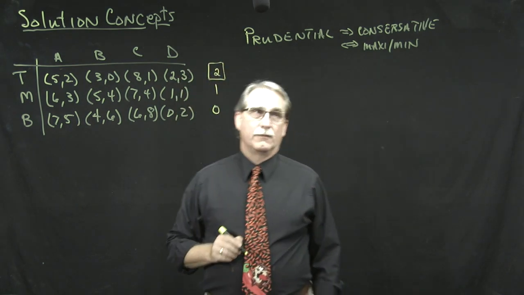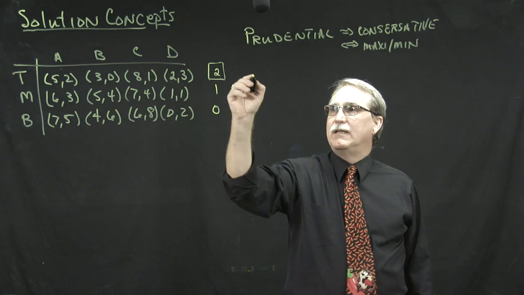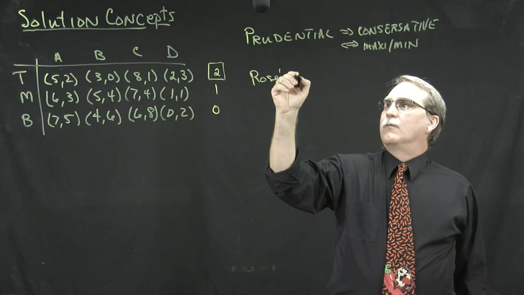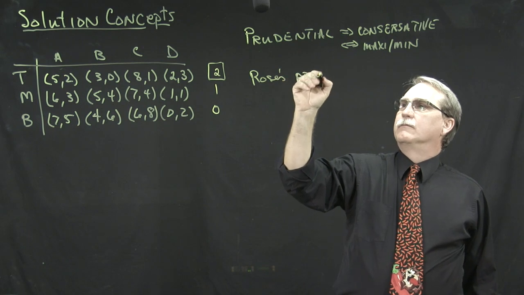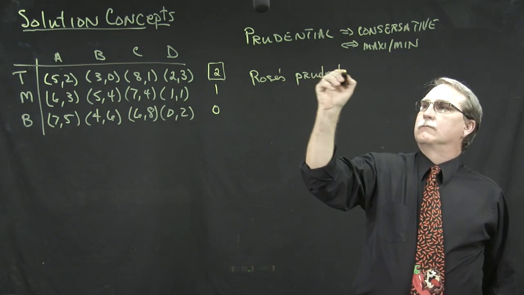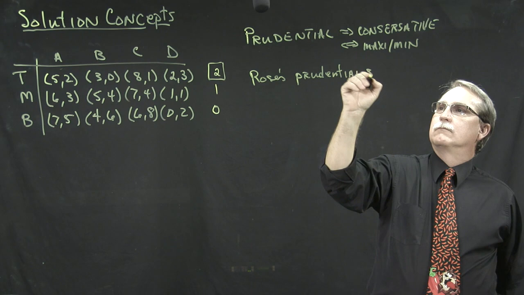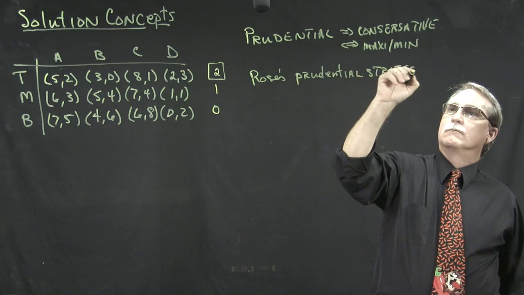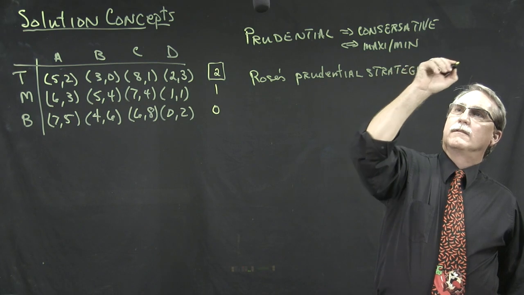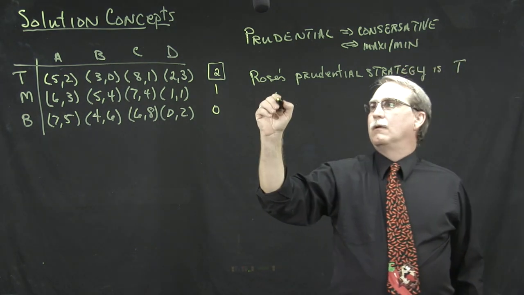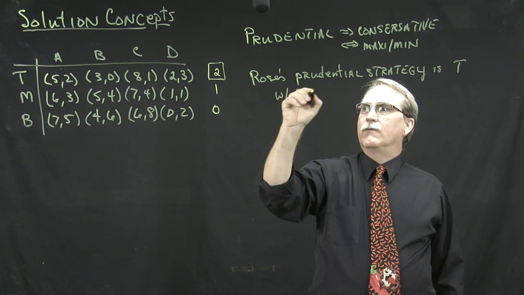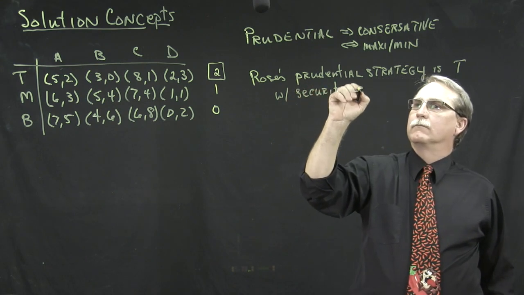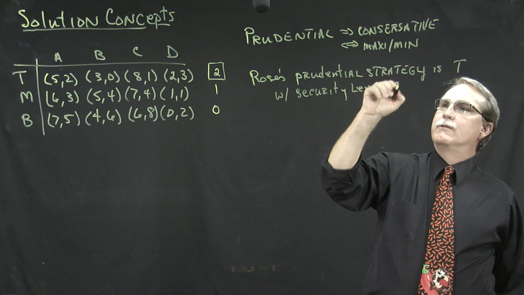So what we see is that Rose's prudential strategy is top with security level two.